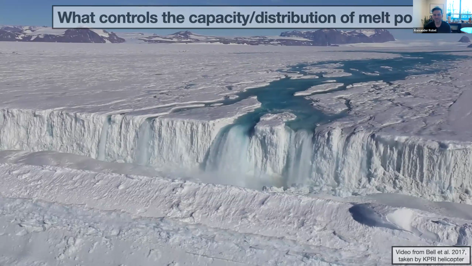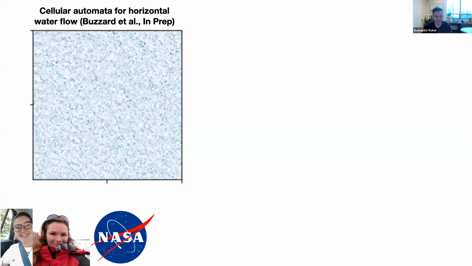The water that is ponded on the surface of this ice shelf is arranged into some small isolated lakes, but eventually it organizes itself into these rivers. So we need to start to understand not just how water ponds in one location, but also how it flows horizontally over the surface of the ice sheet.